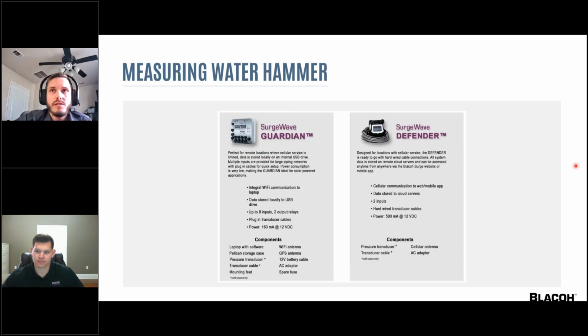Once a threshold is reached, or a set amount of pressure difference in a set amount of time, it goes into what's called transient mode and starts recording at high speed, or 100 hertz. This categorization makes it much easier for our devices to save and manage the data that we want to see.